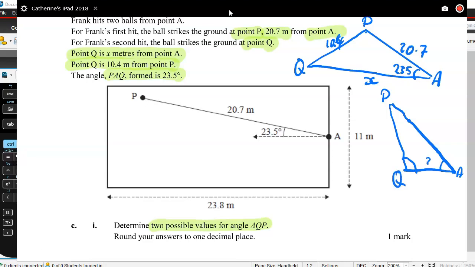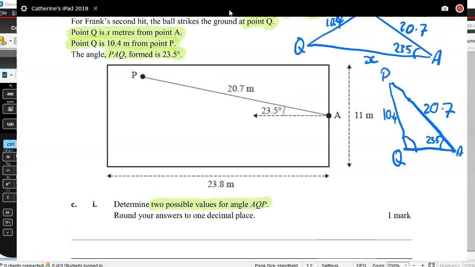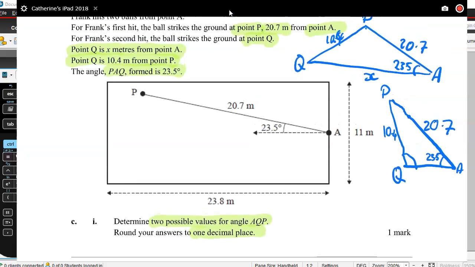But again, with the same values, we don't know what angle Q is. So, how can we find it? Let's look at this acute case first, because once we know the acute, we can work out the obtuse.